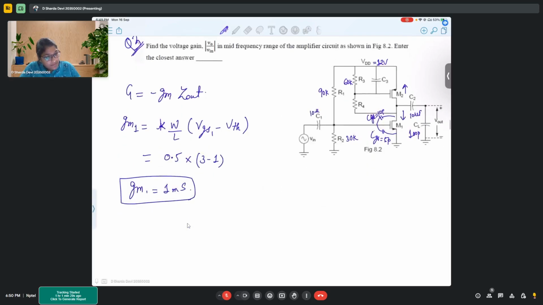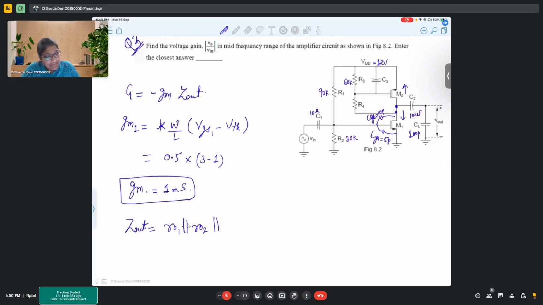When we talk about Z out at this particular point, if we observe this carefully, here you would get Z out. So one is R naught 1, coming because of transistor 1, in parallel with R naught 2, because of transistor 2.